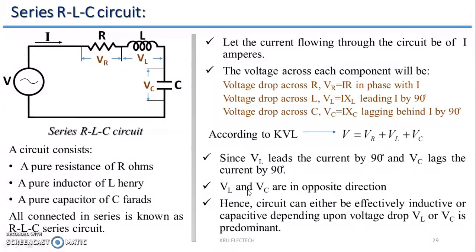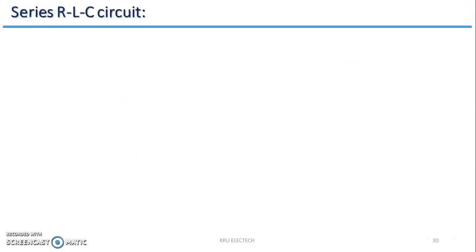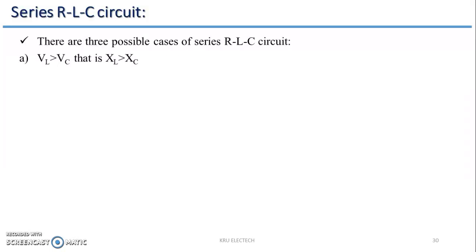Suppose VC is larger, then the capacitive effect is more, and if VL is larger, then the inductive effect is more. So let us see. There are three possible cases in the RLC series circuit. The first one is VL greater than VC. For that, XL is greater than XC, because when XL is greater than XC, the drop across the inductor is increased.